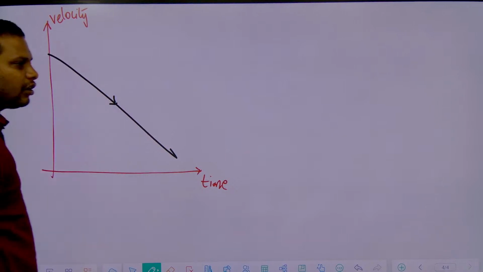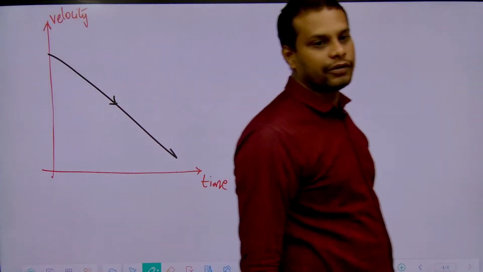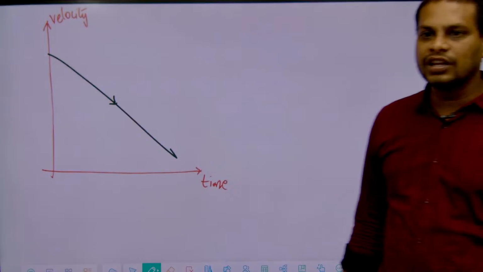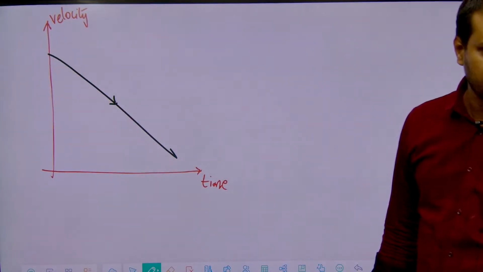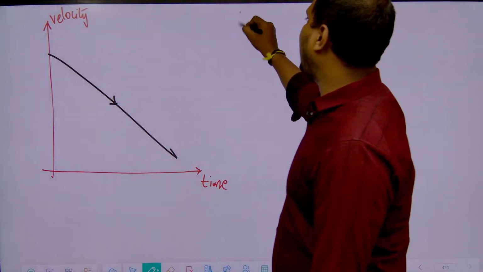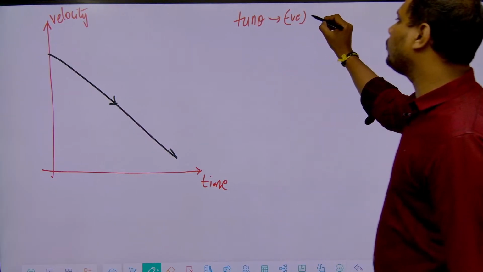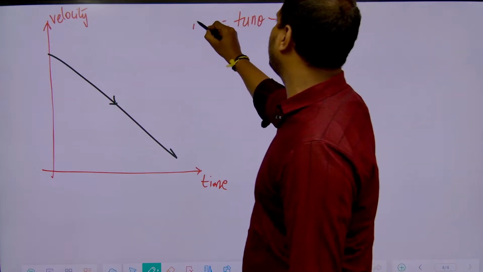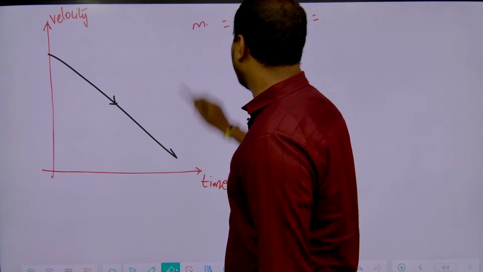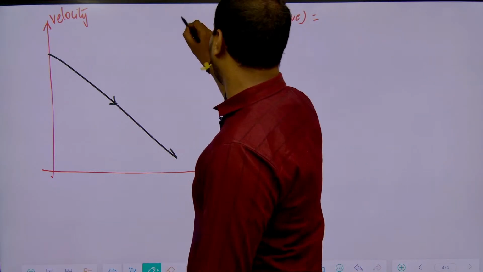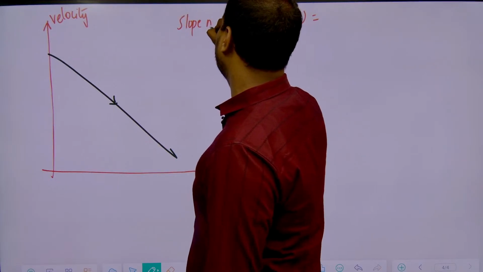Now what is the meaning of this graph? Here the slope is negative. Remember, slope is negative. Then you will get tan theta value here as negative. Tan theta negative, slope m equal to tan theta. So here slope m is equal to how much? Tan theta.